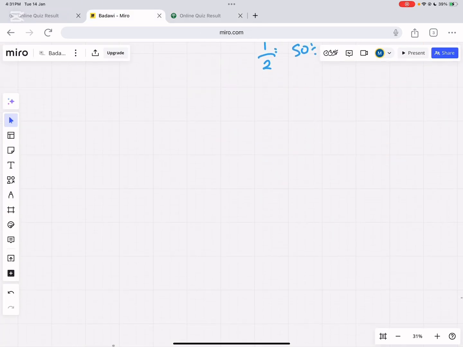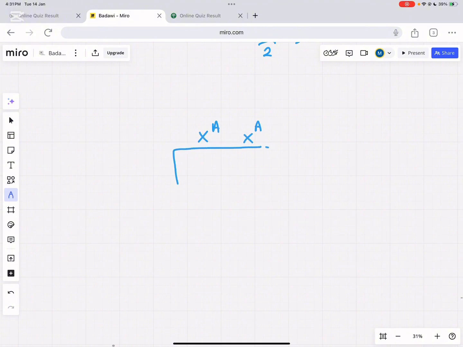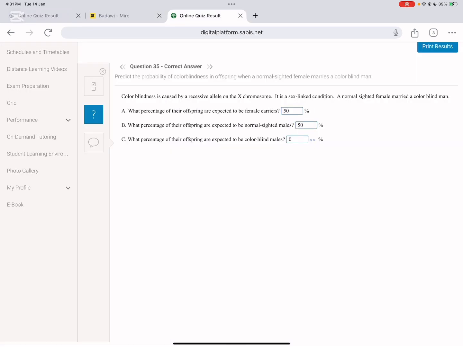So for the normal-sighted female, I'm assuming they mean she is homozygous dominant and not a carrier. If she was a carrier, they should have specified that. I don't need to write XA twice because she's only going to give one gamete, which is XA.